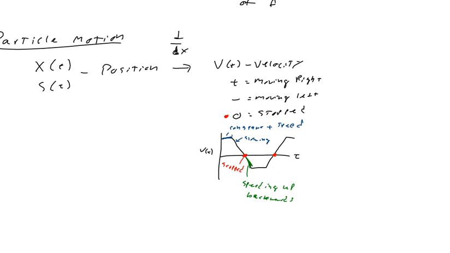So here's a constant negative speed, and then I slow down, and then I stop again here, and then I go faster, increase speed, and then I have a constant positive speed here, moving right.